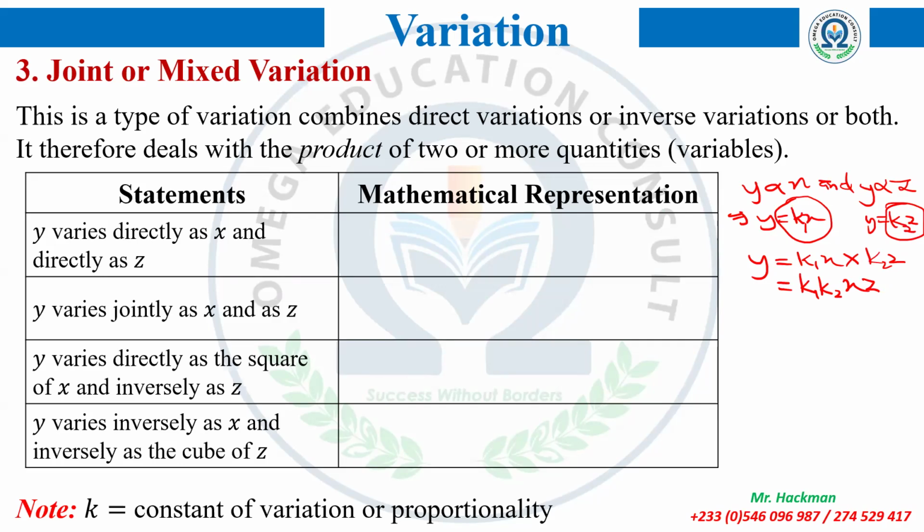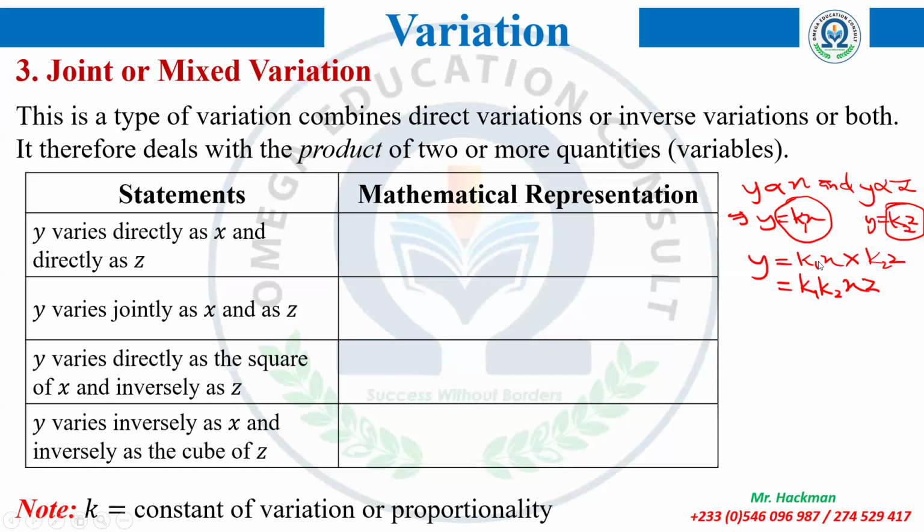Who wants me to come again? Who is somehow lost? Please come again, from where? From y is equal to k1 x, you are multiplying letters in algebra.